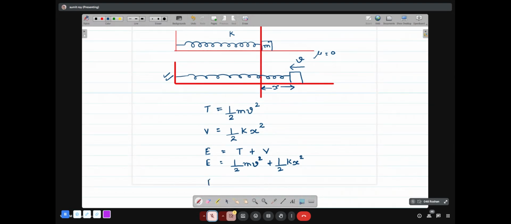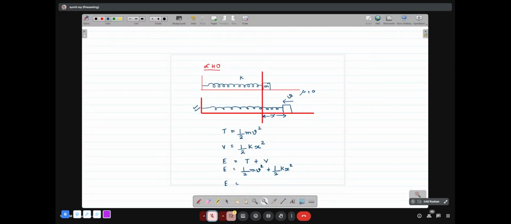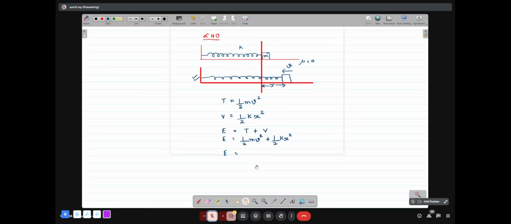If this is solved, what final answer will we get? Half mv square plus kx square. That is simply added here. Actually, why I asked that is, you have an expression for x.